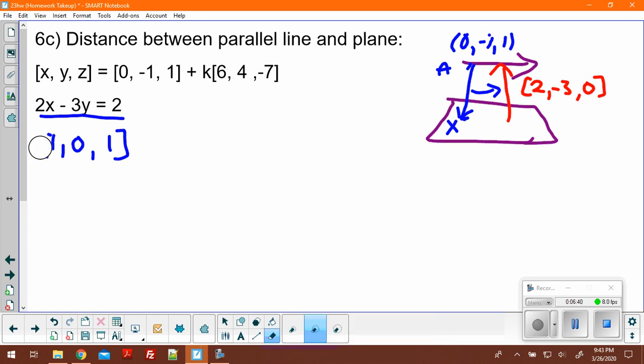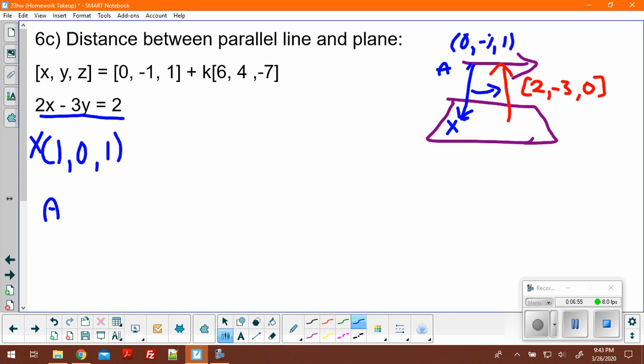And sorry, that's a point, I should be using round brackets. So (1, 0, 1) is on the plane. That's my plane point X. So my vector from A to X is going to be, let's see, 1 take away 0 is 1, and then 1. So 1, 1, 0.